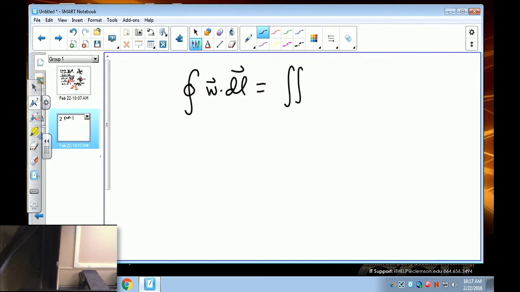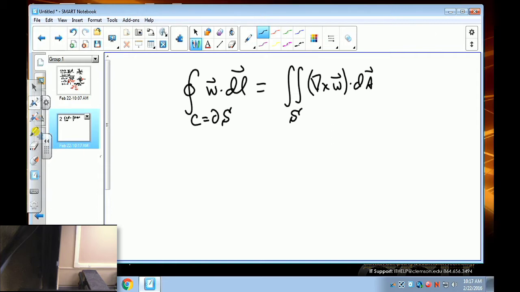Stokes Theorem tells us that this is the integral of the curl of W over that area, where this closed path is the boundary to this surface, and this integral is done over a surface that does not close. It's like for example, you're integrating over a disk, and then the path around it is a circle. That's the boundary to the disk.